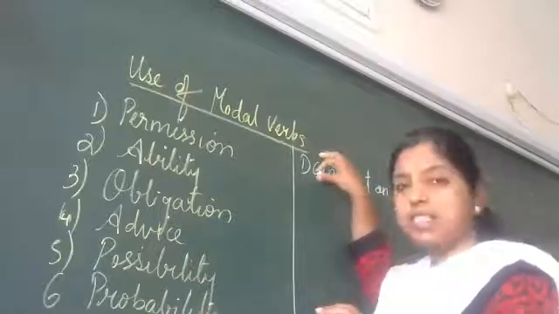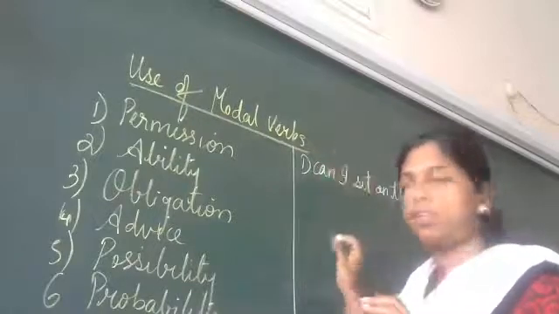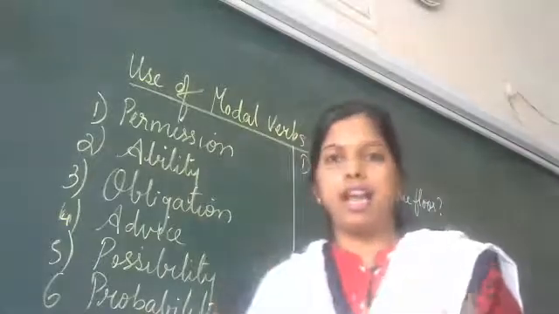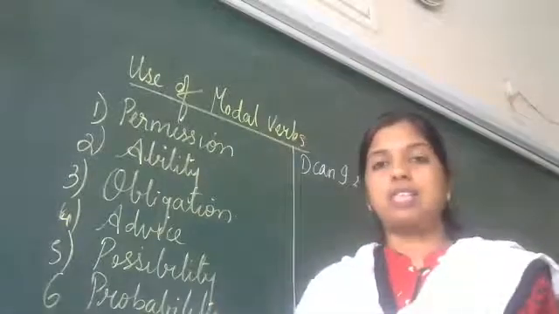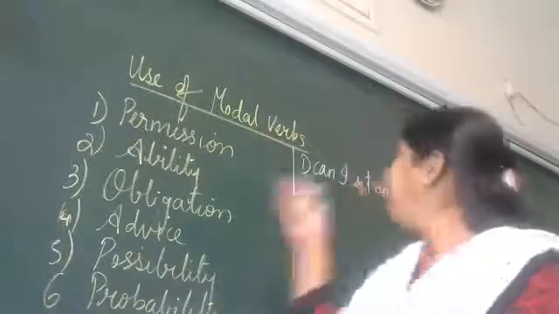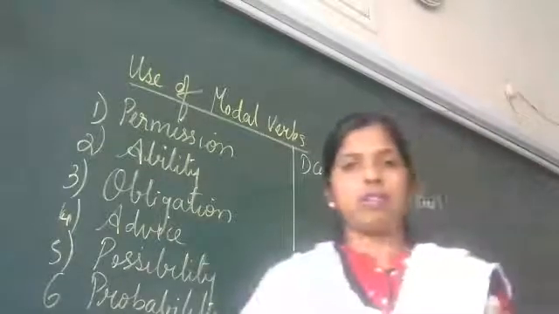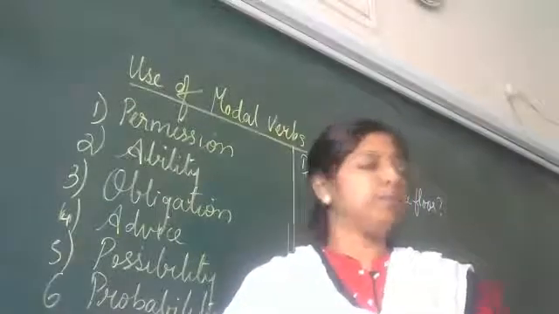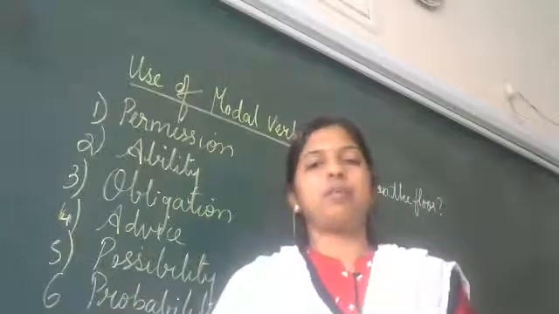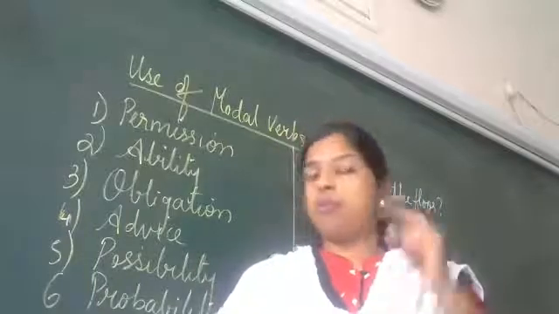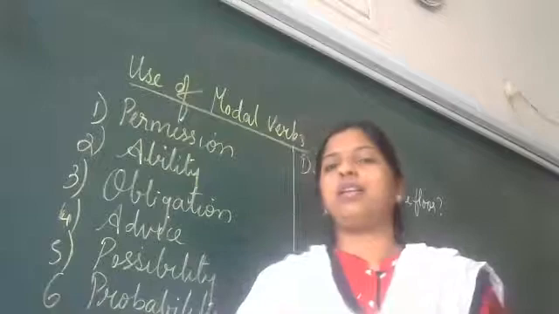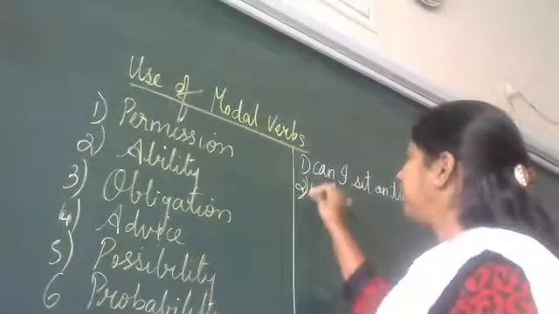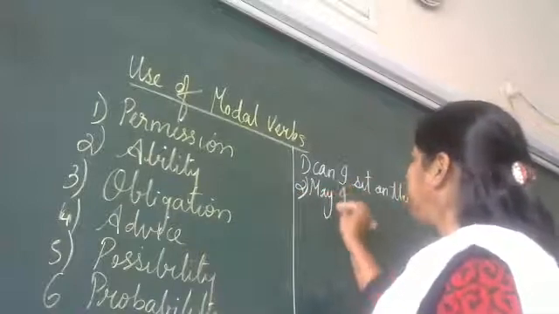Then see that it has a modal verb. Yes, can. Correct. It is asking permission. Can I sit on the floor? You're asking your teacher. When the teacher says yes, you can, that means the permission is granted by the teacher. One more permission you'll use every now and then in school. What is that? May I?